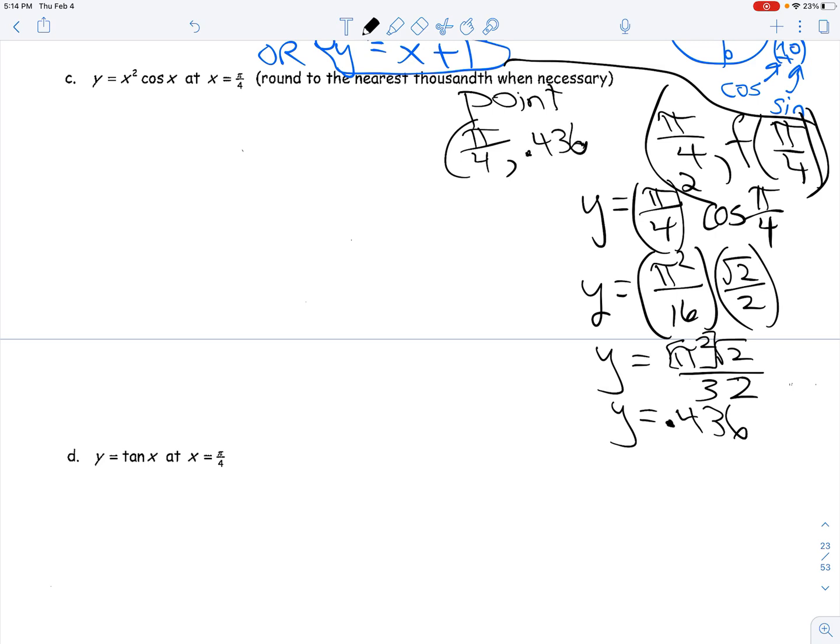So my point is pi over 4, comma, 0.436. All right.